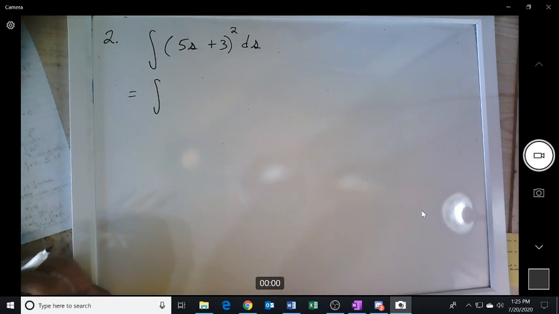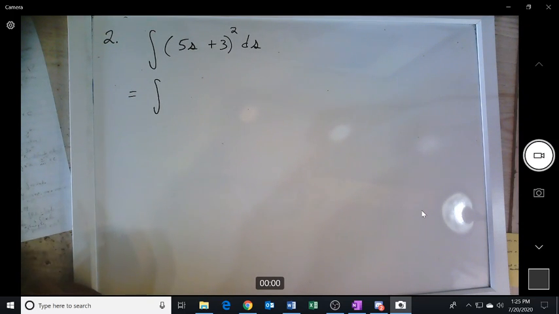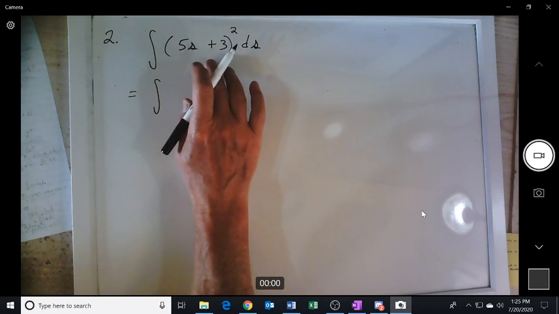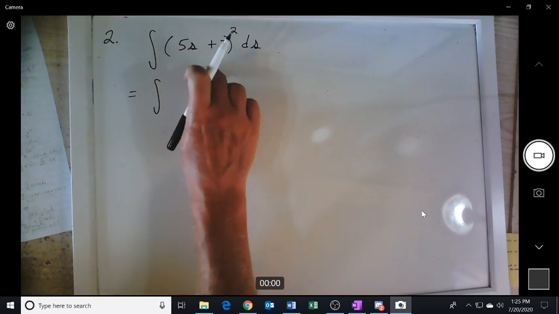I was thinking you could write the 2 out front and have the function of 5s plus 3 as the denominator. Okay. And how do we take the antiderivative then?